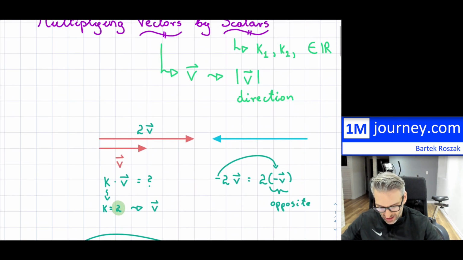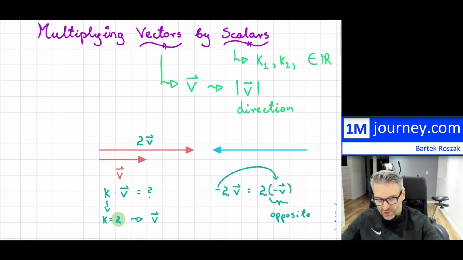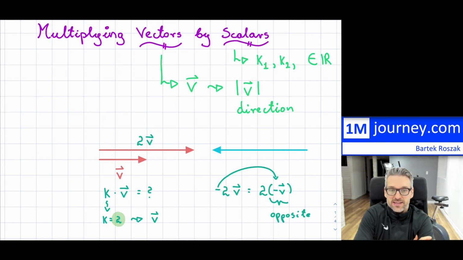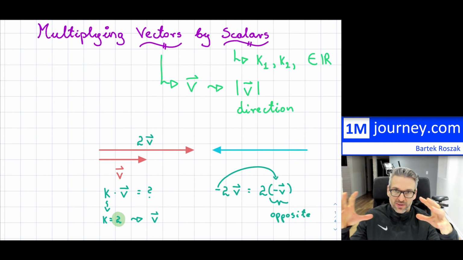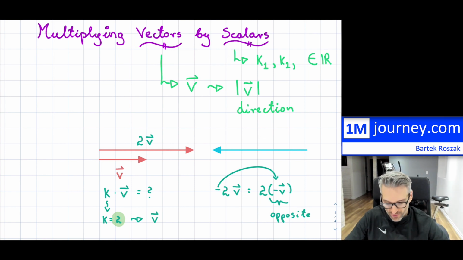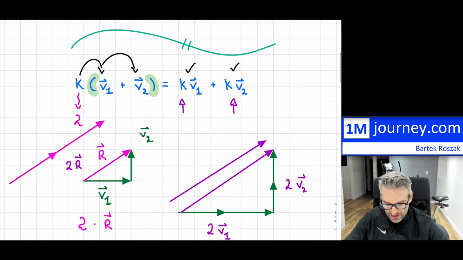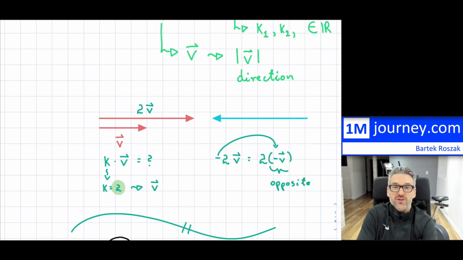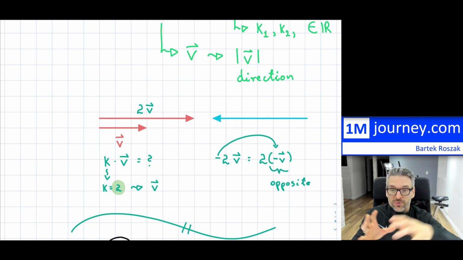All right, so that gives you a sense of these scalar multiplications. I don't think it's anything shocking to you. You're going to be running into some examples in your studies, but I hope this gives you some explanation of the properties and some intuition where those properties come from when I was drawing things out. It really just tells you multiplication by scalars will scale our vector up or down.